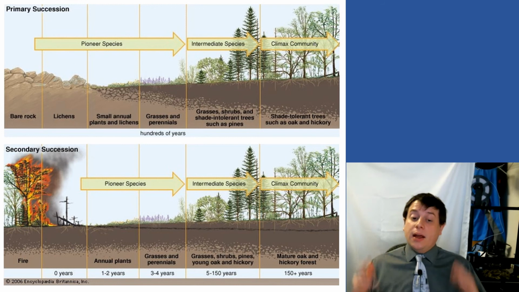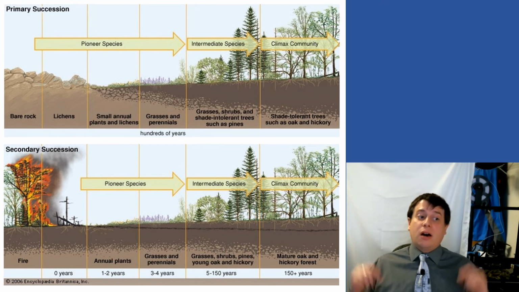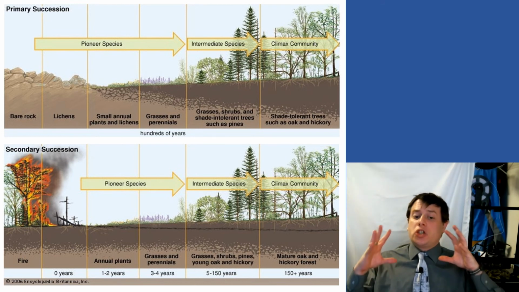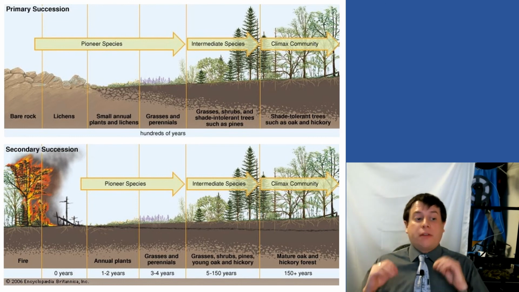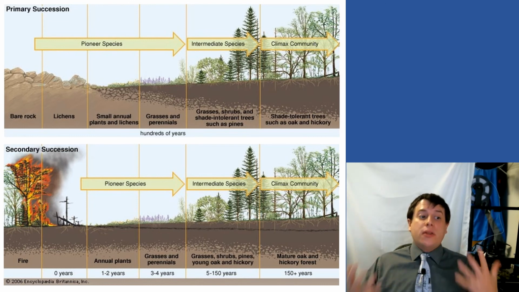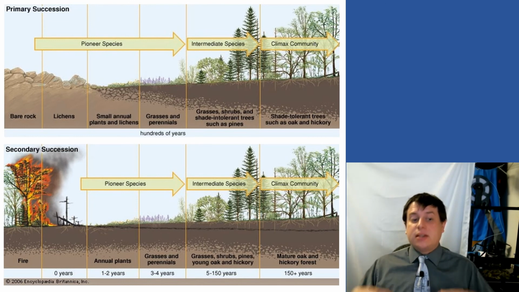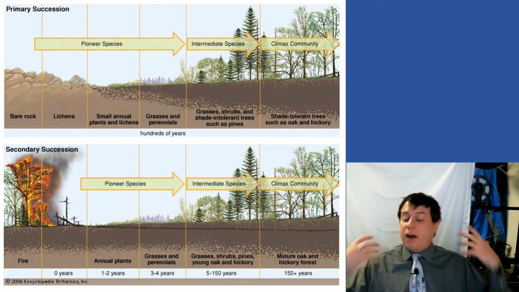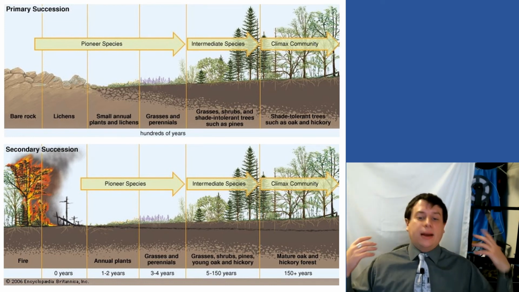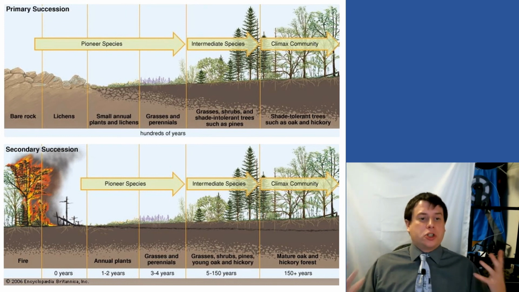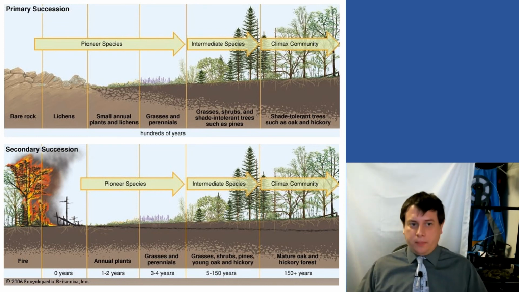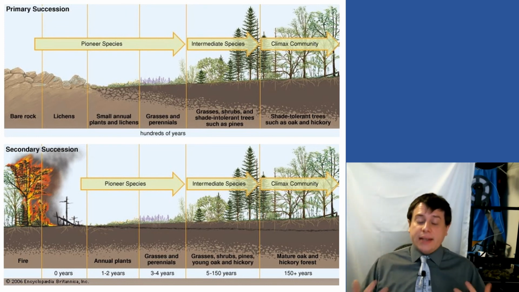Then you have to start with your pioneer species of lichens, which have to start breaking down the rock to provide the first soils so that you can then get your small plants, and then eventually your grasses, and then finally your shrubs and trees, and lastly, big mature trees like oak or whatever. And that is going to be your succession either way.